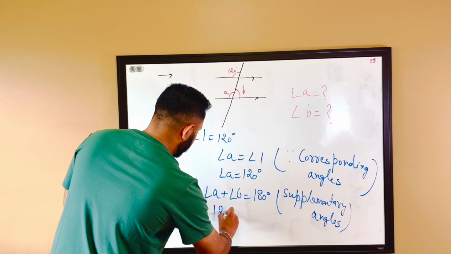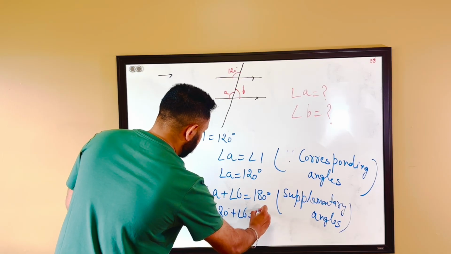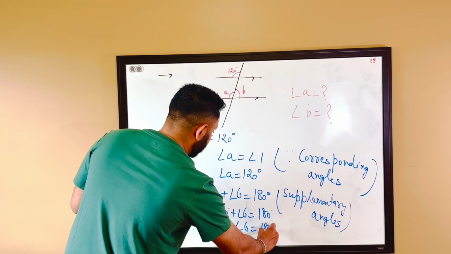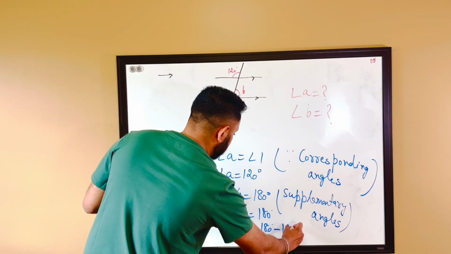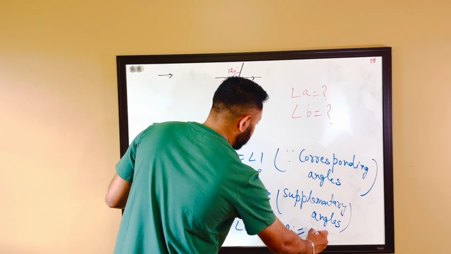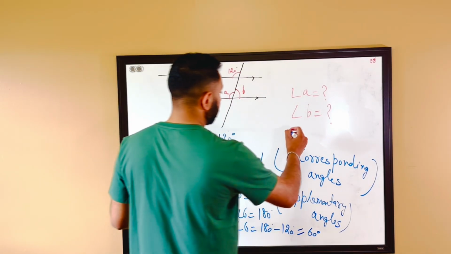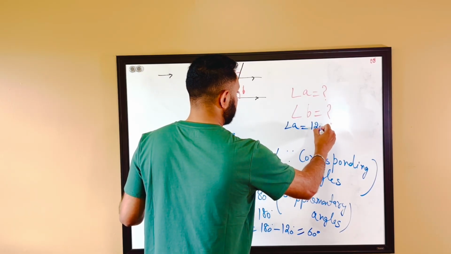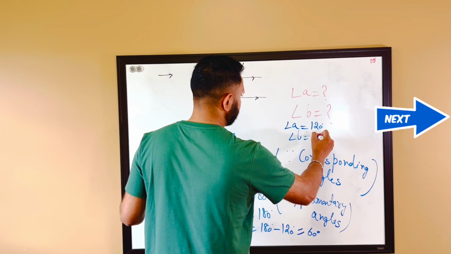So this is 120 plus B, and angle B is 180 minus 120, so it comes out to be 60 degrees. So we got angle A as 120 and angle B as 60 degrees.